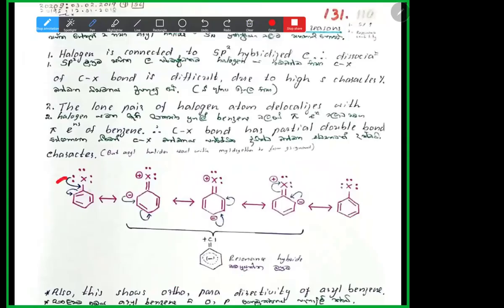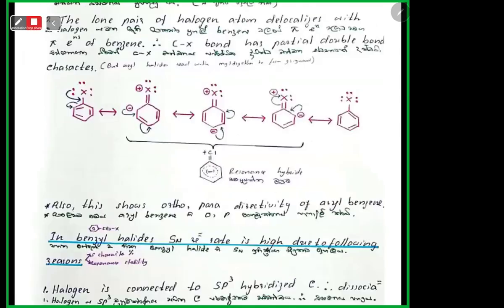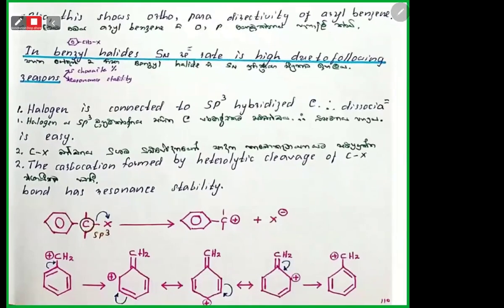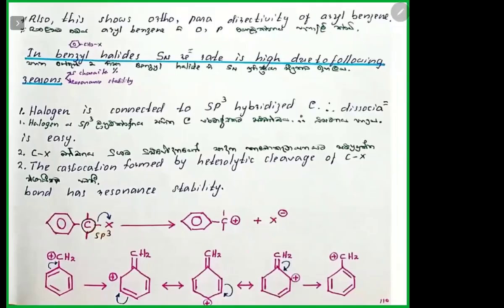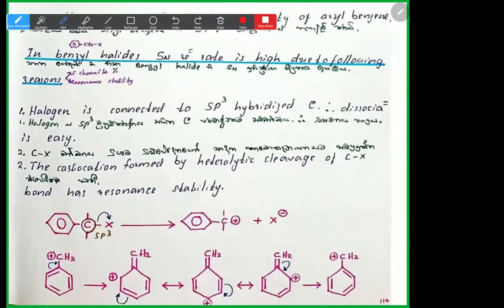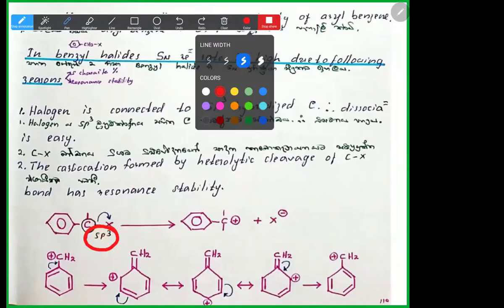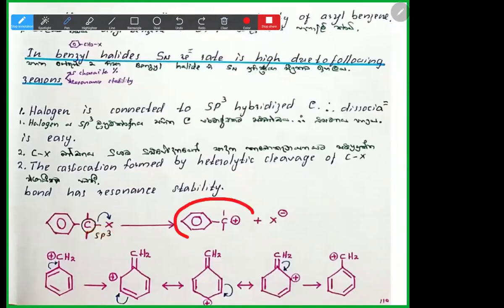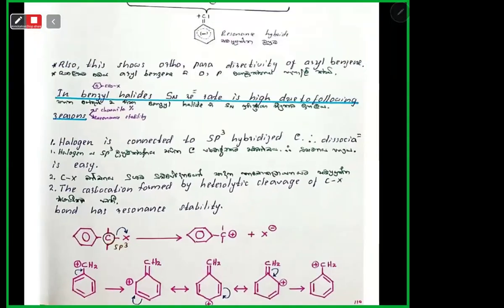The second is that when they provide electrons and delocalize within the ring, the C-X bond gets double bond character, so you cannot break it. So aryl halides do not participate in nucleophilic substitution reactions. For benzyl halides, the carbon is sp3, less electronegative. Once you remove the halogen you get a carbocation, delocalized within the ring, which makes it stable. So benzyl halides participate very easily in SN reactions.